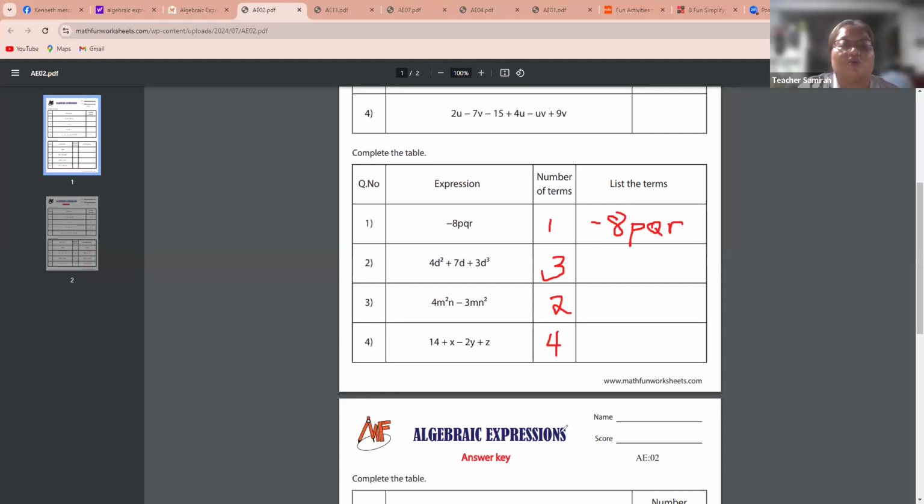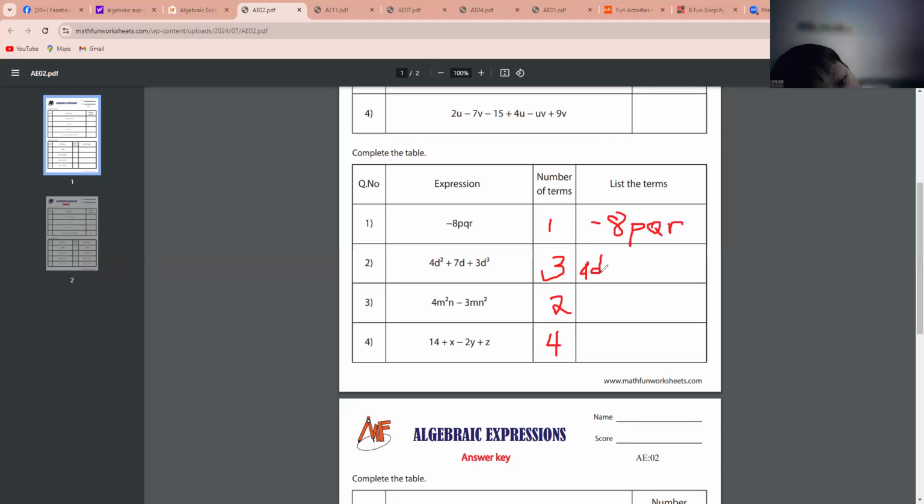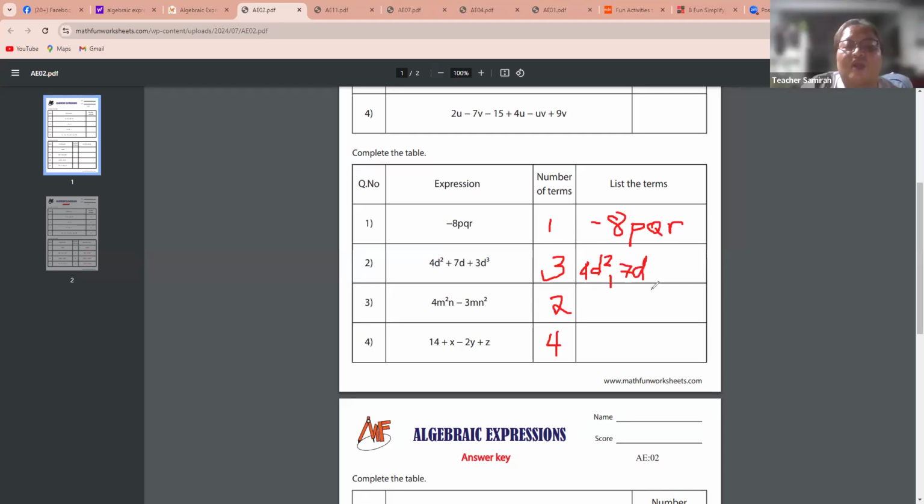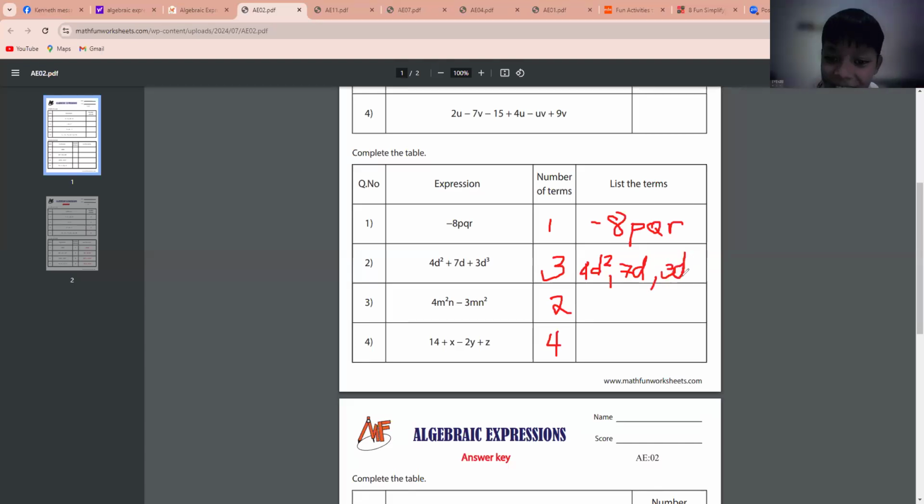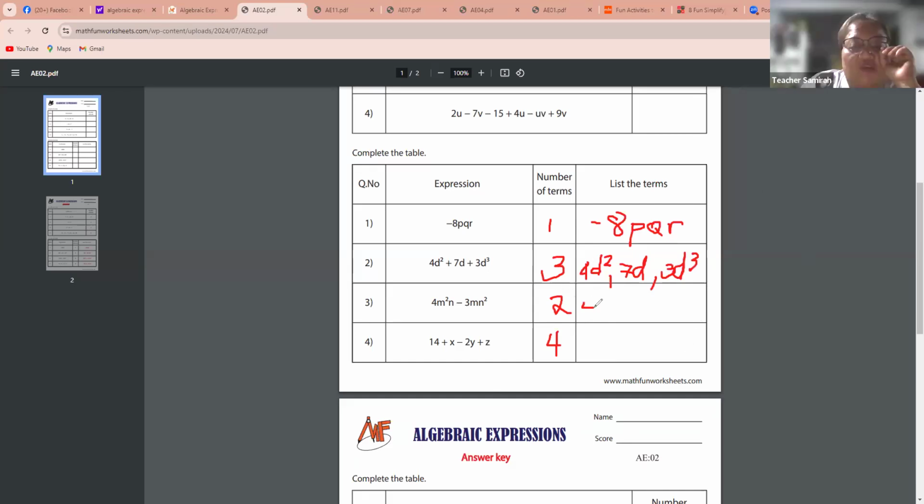How about number 2? 4d squared, 7d, and then the last one would be 3d cubed. How about number 3? 4m squared n.